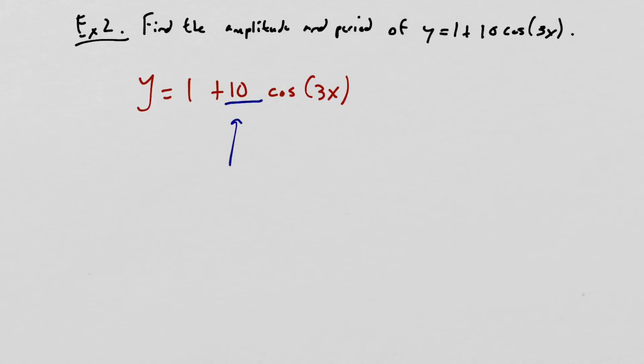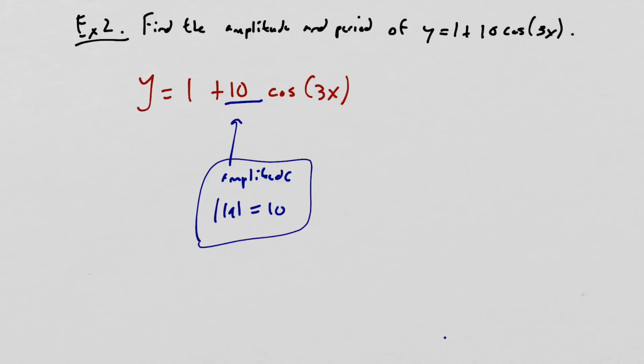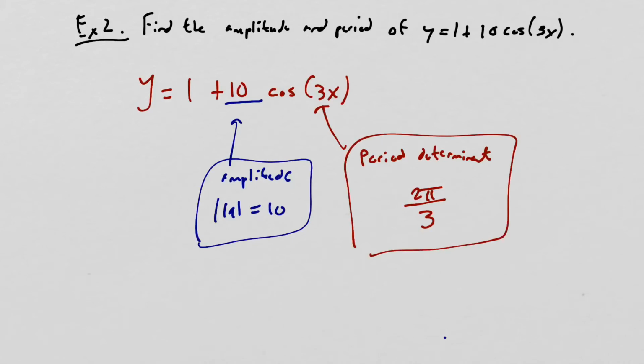Our 10 refers to our amplitude, and the absolute value of 10 is again 10. Here, this 3 determines our period. To find the period, we take 2 pi and divide it by our 3, and so our function is going to repeat every 2 pi divided by 3. Finally, this 1 is saying shift up by 1 unit.